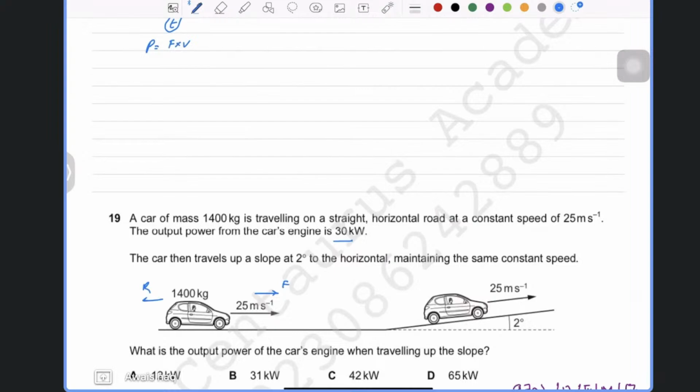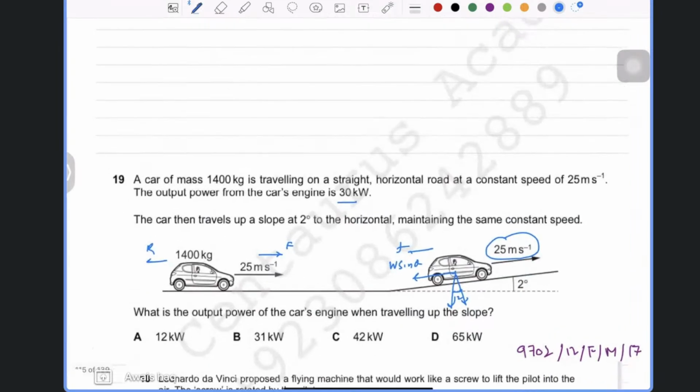We want to maintain the same power, but it was doing work against friction forces only. Now it also needs to do work against the weight of the car, because of the component of the weight along the slope, W sine theta, and obviously the friction.